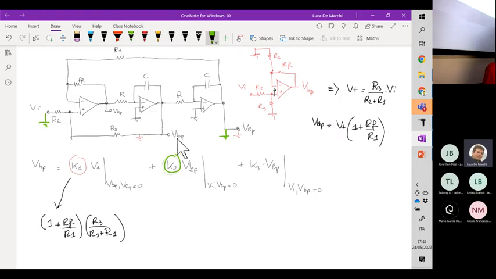And the unique input is provided by the bandpass. R3. And the same mistake is here, sorry.